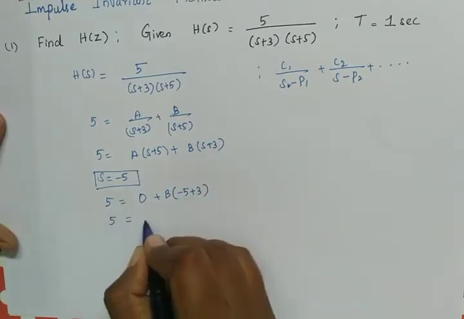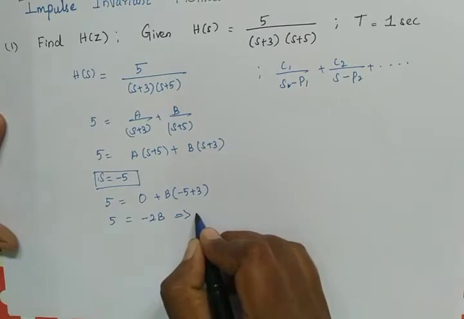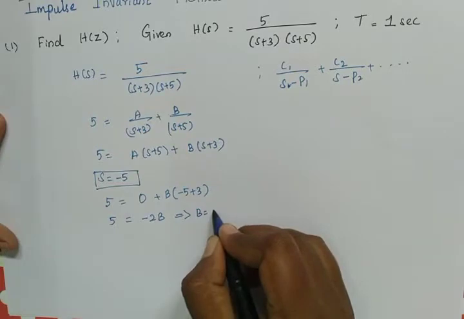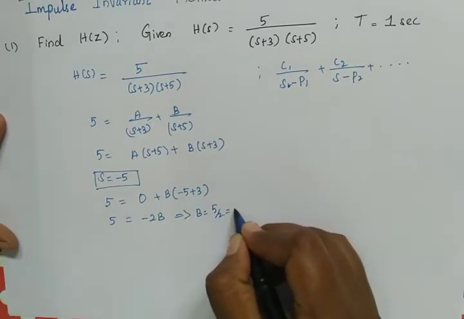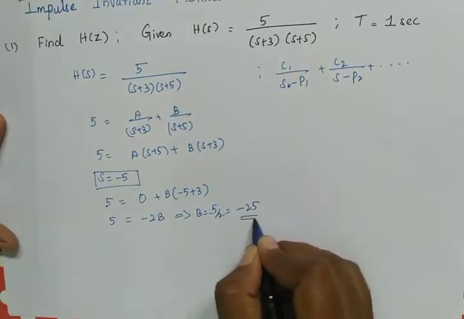Therefore 5 is equal to minus 2B, so B is equal to minus 5 by 2, which is minus 2.5. This is the answer for B.